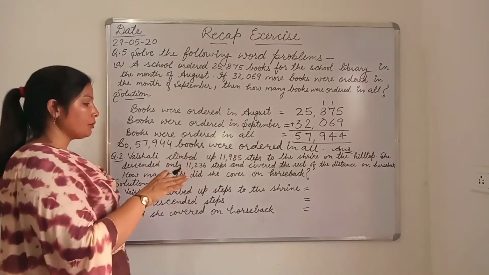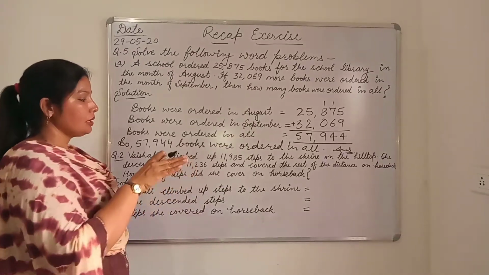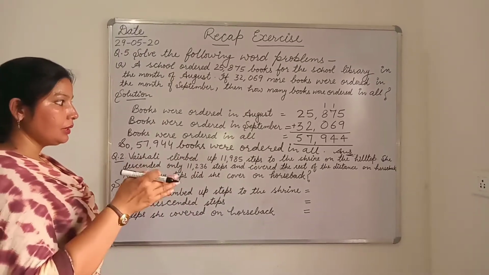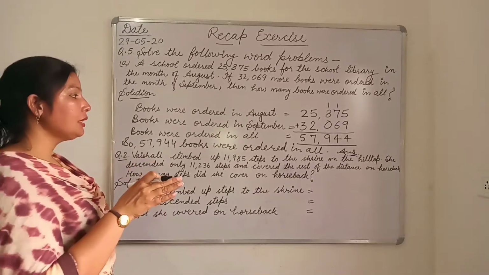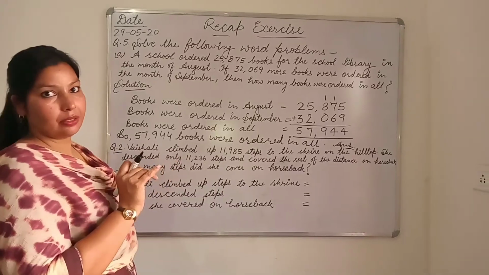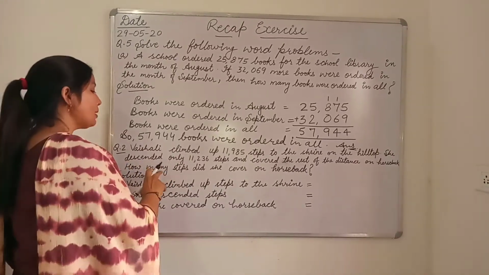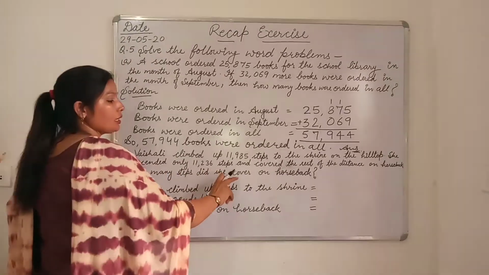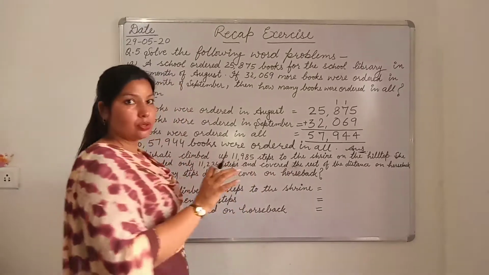She only covered these steps on foot coming down, and after that, whatever distance is left, she covered on horseback. So how many steps did she cover on horseback? You should tell that.